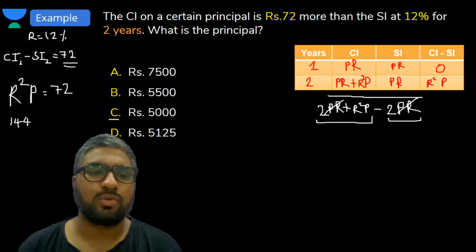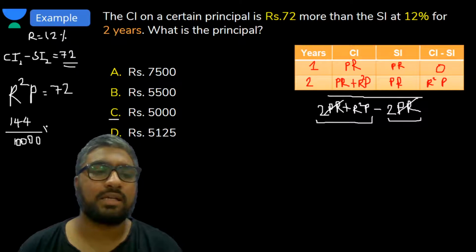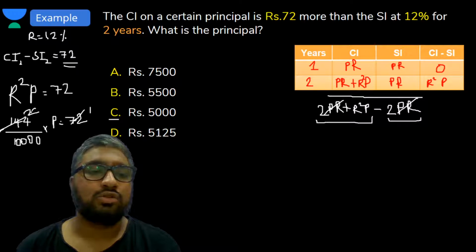Yes. So 12 into 12 is 144, 100 into 100 is 10,000. Yes, that is what? 72. If I were to cancel out, this would be once, this twice. 2 by 10,000 is 1 by 5,000.